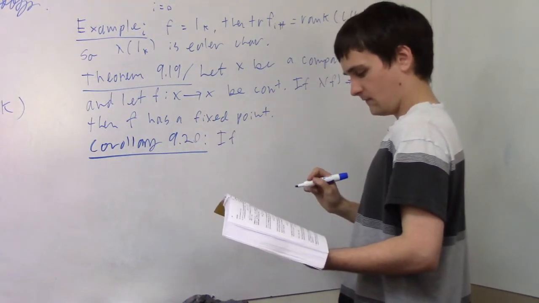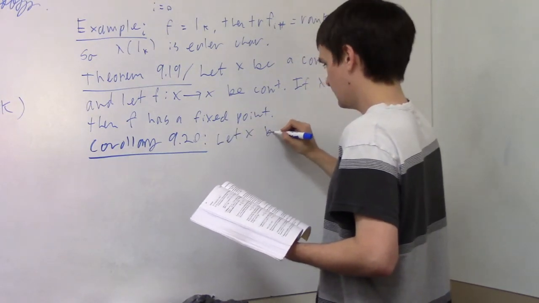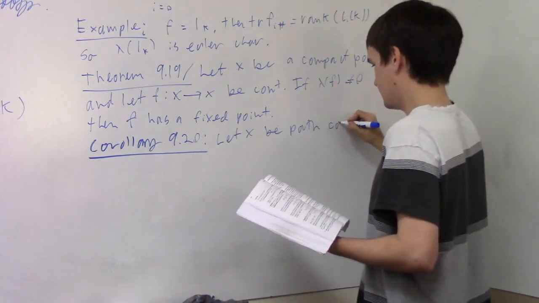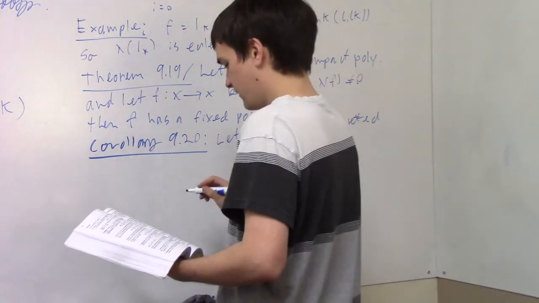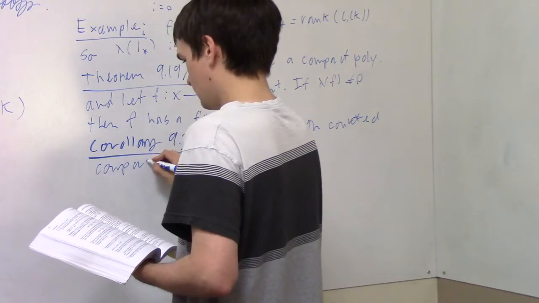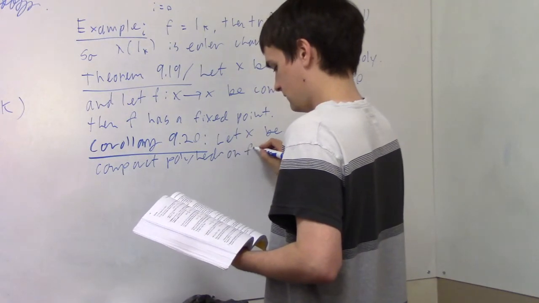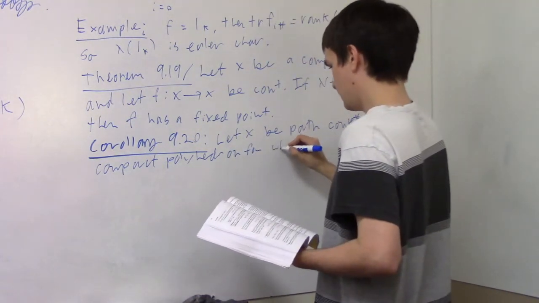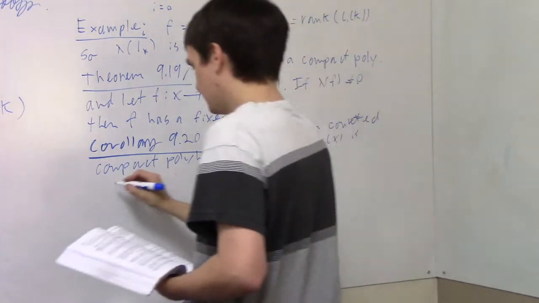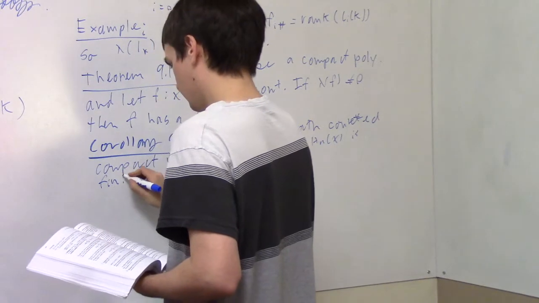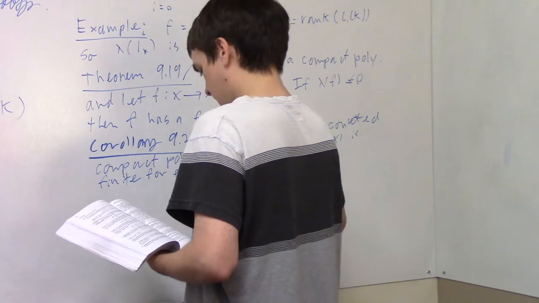Let X be a connected, compact, path connected polyhedron for which H sub n of X is finite for every n greater than 0.